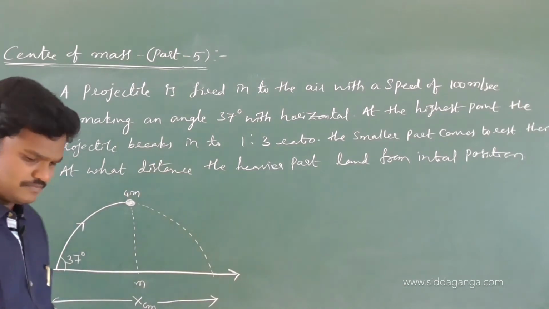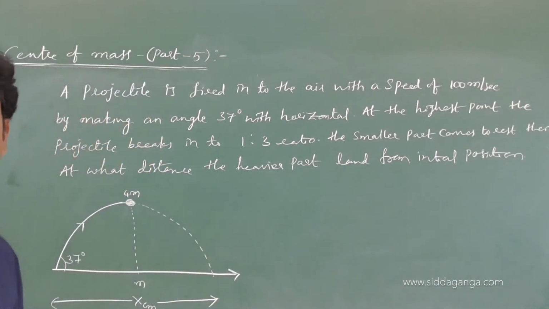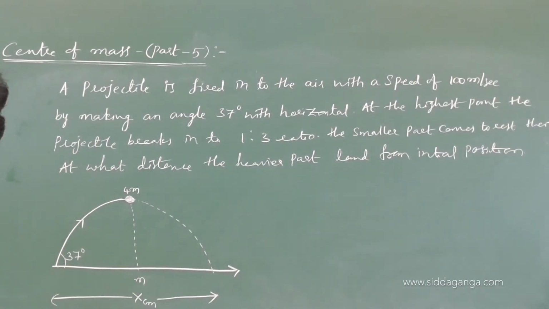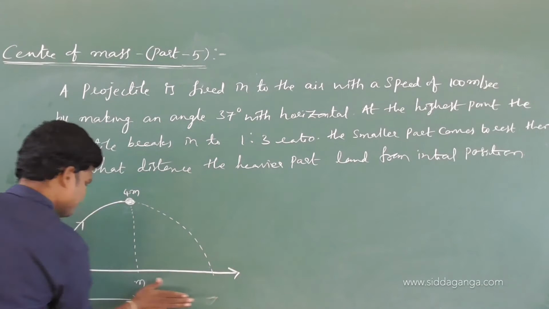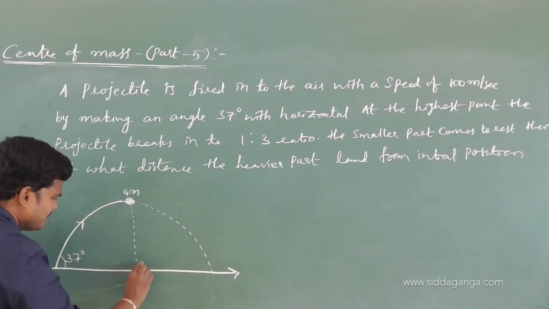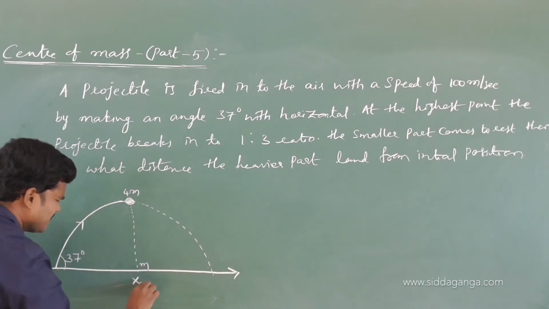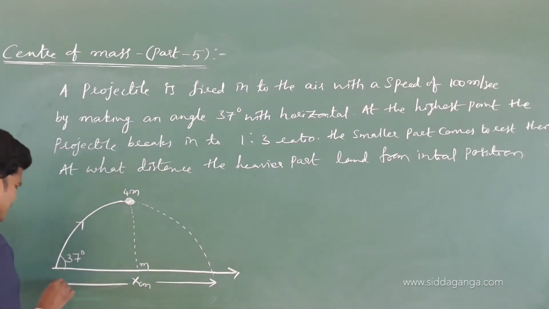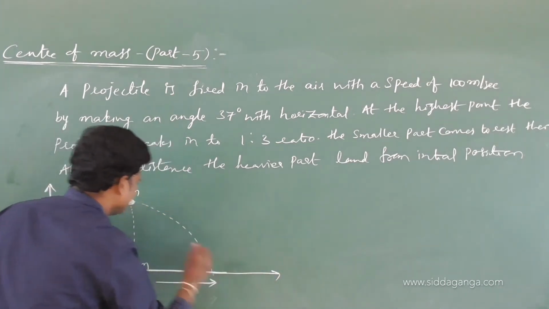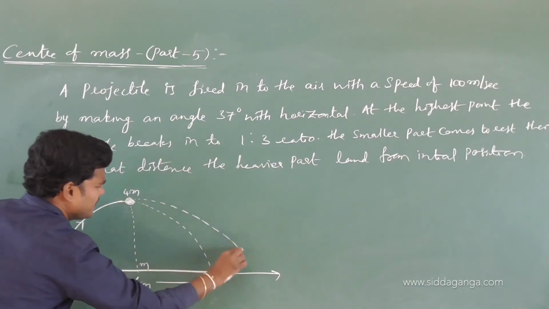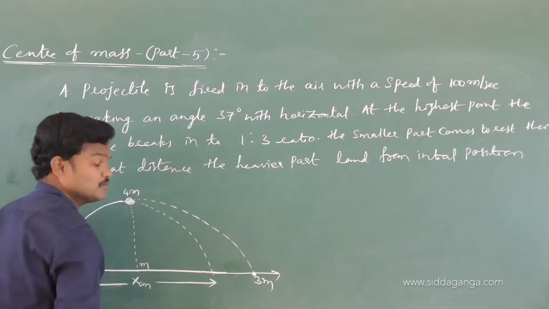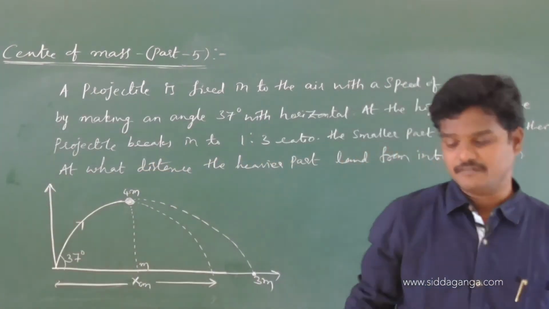So m will land here, and this is Xcm. The second particle will land somewhere, maybe here. Here 3m will land. Now the target is to find at what distance the second particle will land.